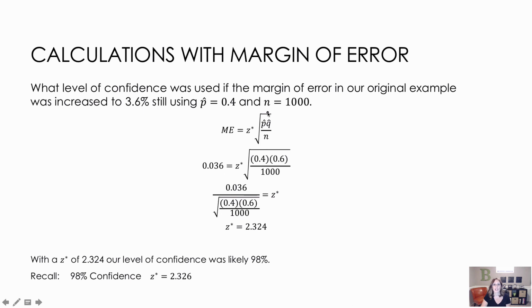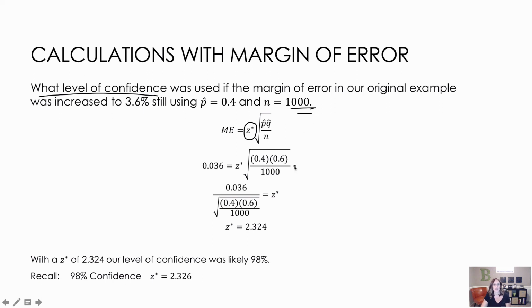Here's one more very similar question, but now notice I'm going to try to find z star. So it says what level of confidence, and level of confidence is what gives me my critical value of z star, was used if the margin of error in our original example was increased to 3.6%. So 0.036, everything else remained the same, original example, meaning the 1,000 people that I started with.